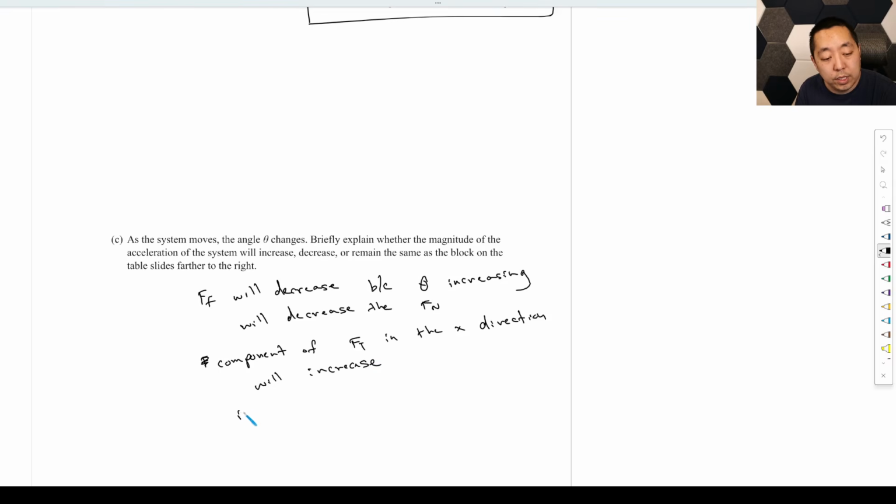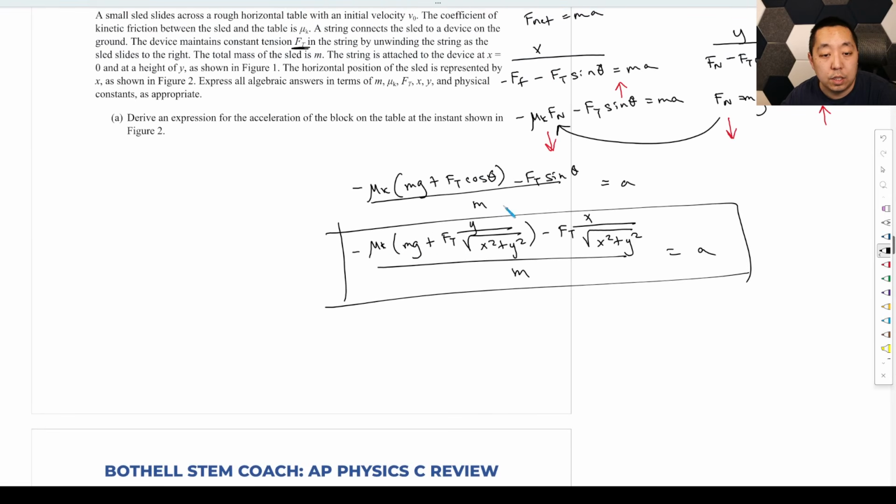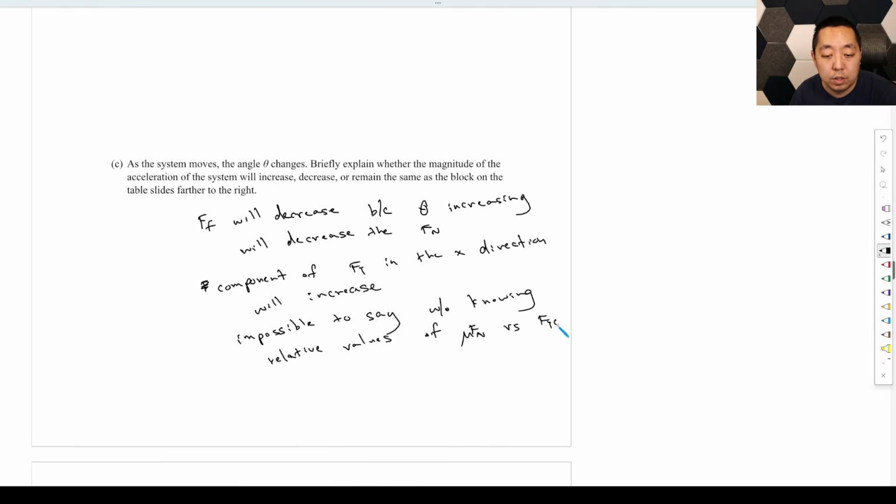So it is impossible to say without knowing the relative values of mu times fn versus the ft cosine theta, right? So it's going to depend a lot on how those change.